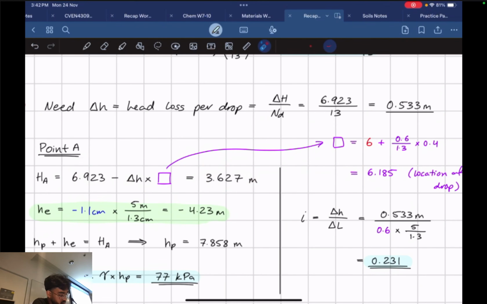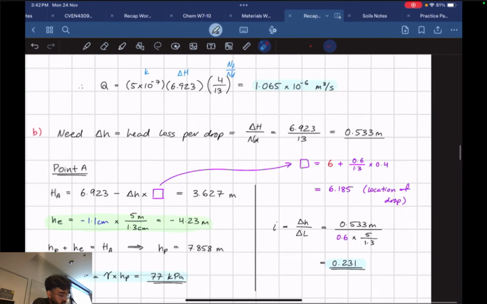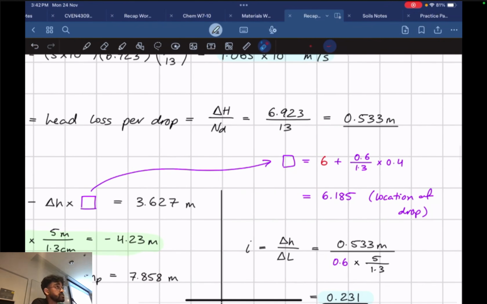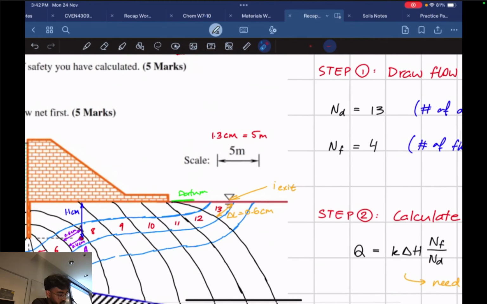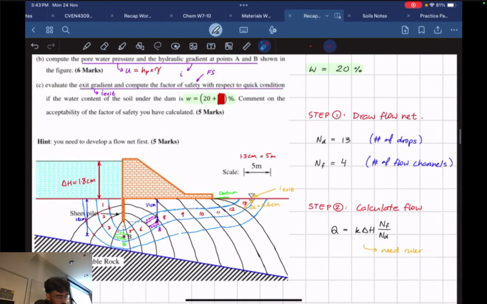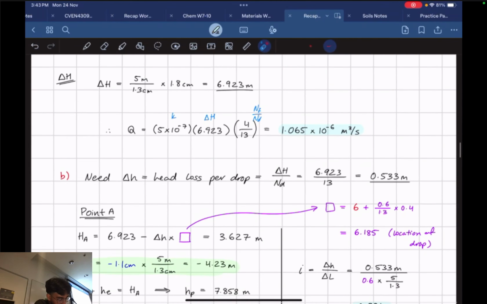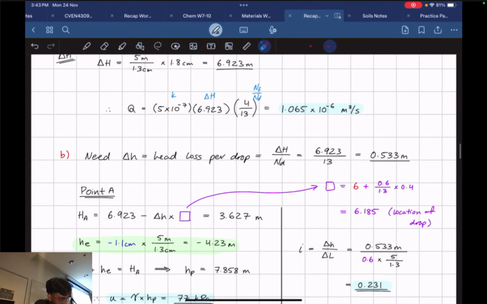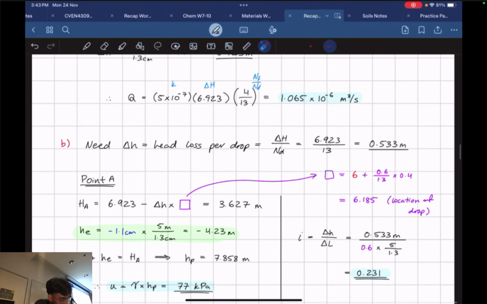Which 1.3? This one? Yeah, that's just using our scaling. We know that 1.3 centimeters is equal to 5 meters. Is that true actually? Wait, let me quickly check that.